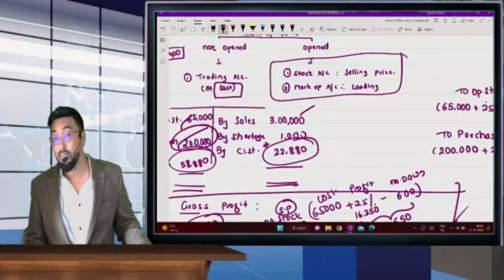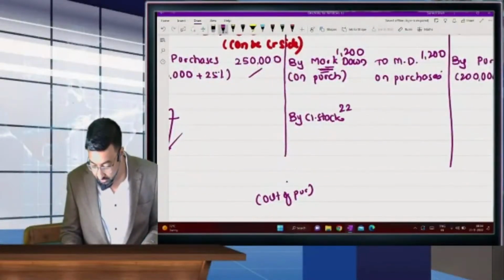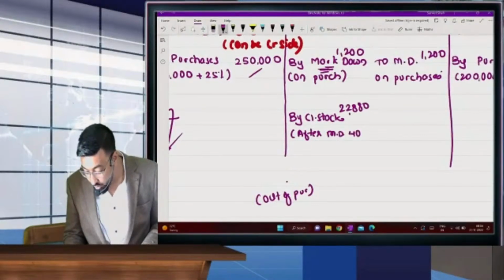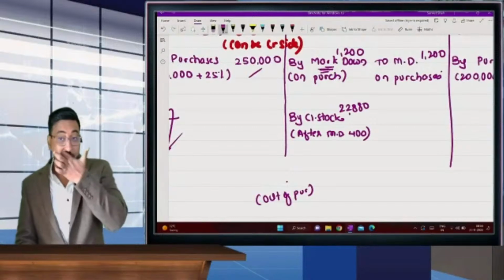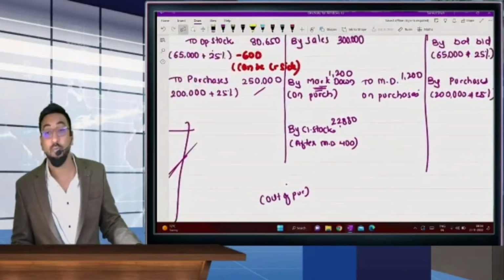But wait, this 22,880 is after markdown of rupees 400.